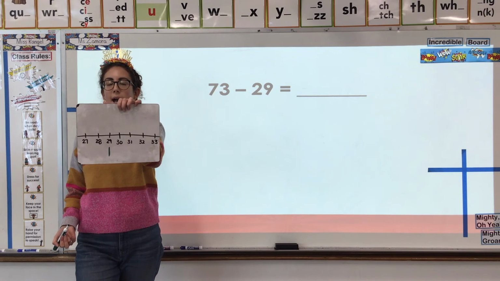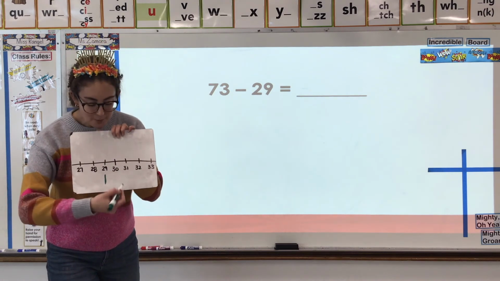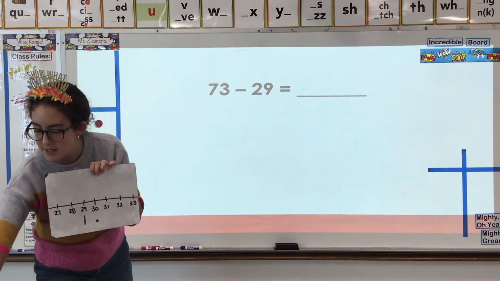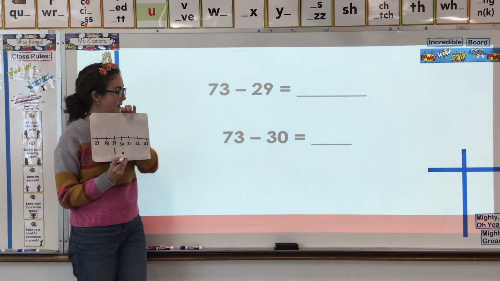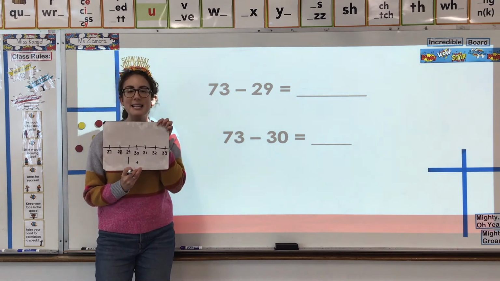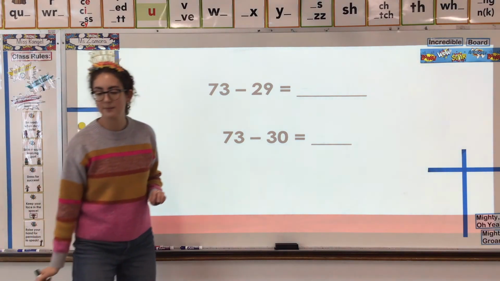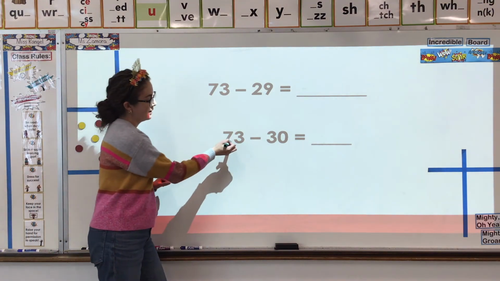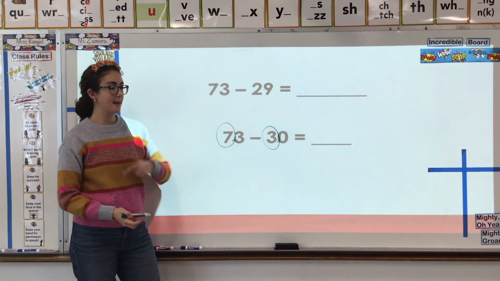We could subtract the tens number, of course, which is 30. Just taking away the tens. So we can go ahead and take away 3 tens to start off nice and quick. What would that be again? 73 minus 30 is?